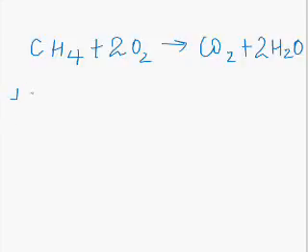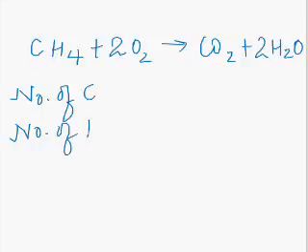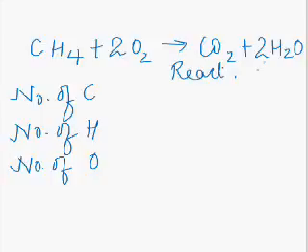Now again we will count the number of various atoms on both sides. Number of carbon atoms, hydrogen atoms, and oxygen atoms on the reactant side as well as on the product side. The number of carbon atoms is 1 on both sides. The number of hydrogen atoms is 4 on the reactant side and 4 on the product side.